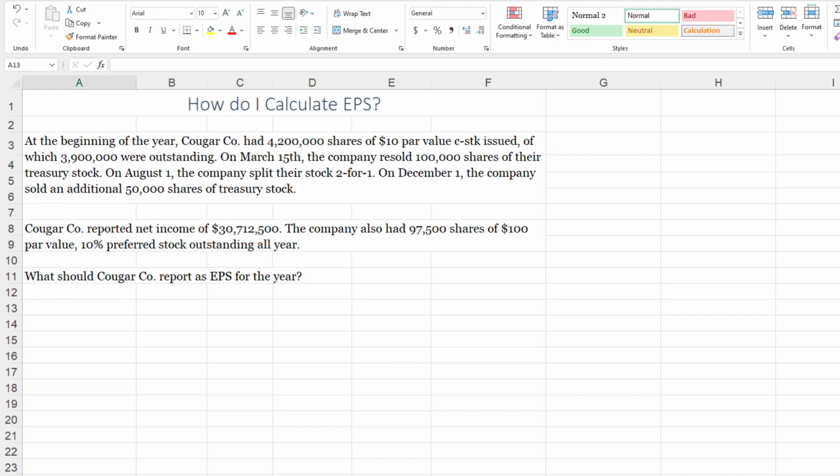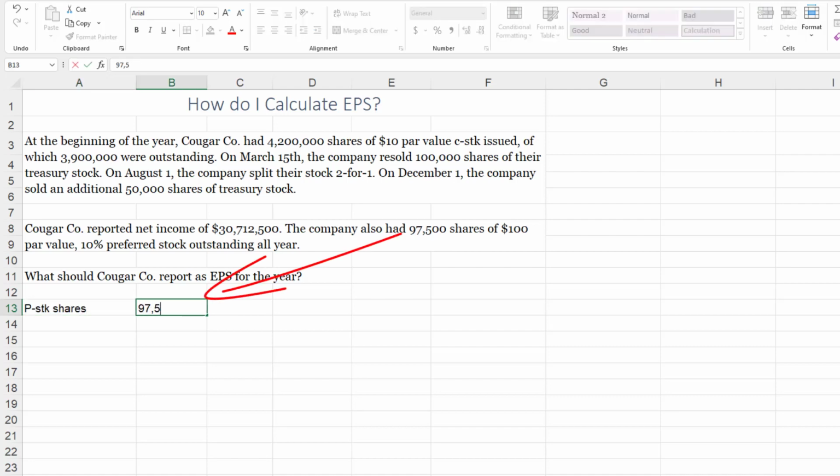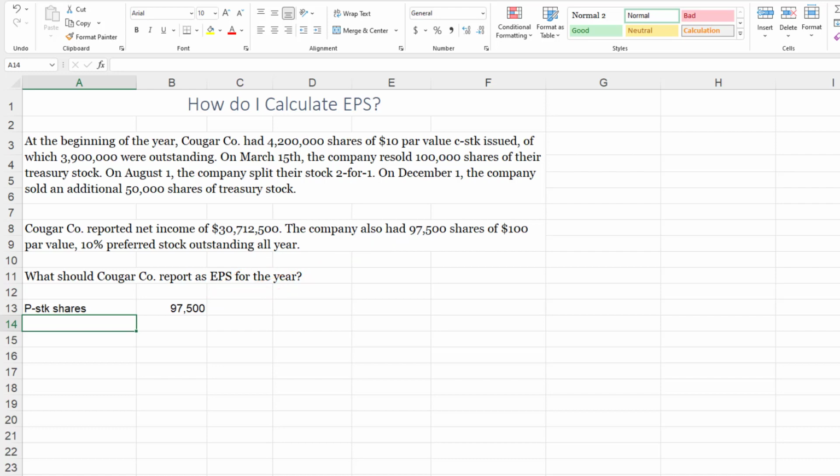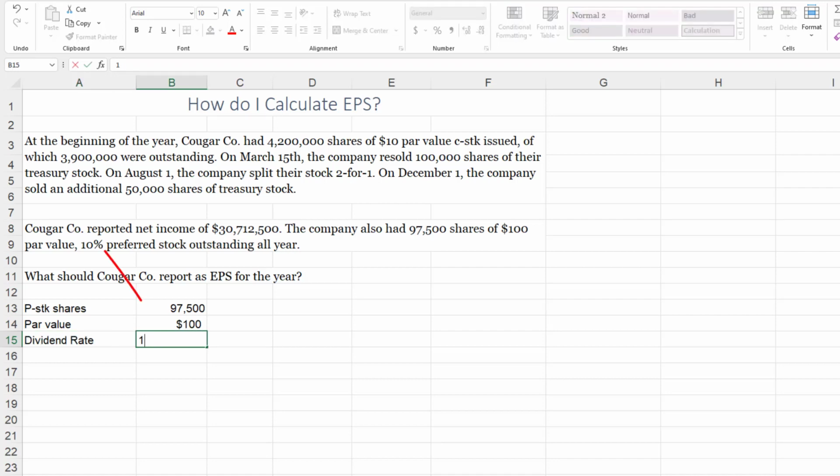I'm going to start that with the number of preferred stock shares, 97,500. And then I'm going to multiply the number of shares by the par value and by the percentage. So the dividend rate is what we call that percentage, and in this case, it's 10%.